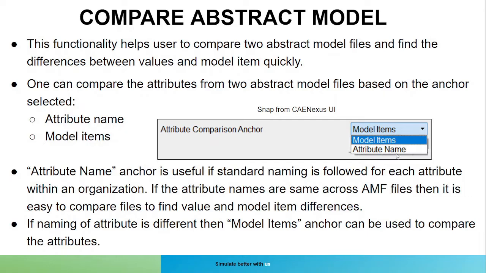Now the attribute name anchor is useful if you're following a standard naming for your attributes within an organization. If you're sure that the attribute names are consistent across your abstract model files, then it is easy to compare the files based on the attribute name anchor, and you can find out the differences in their model item and the values very quickly.